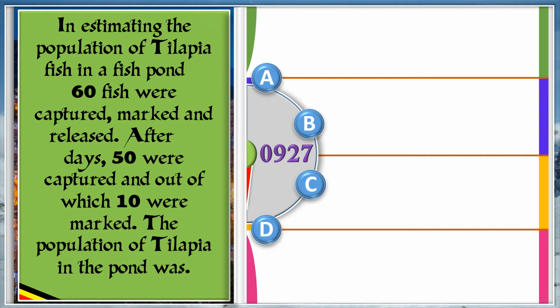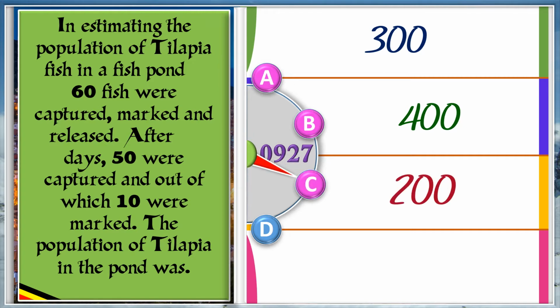The population of tilapia in the pond was: A. 300. B. 400. C. 200. D. 100. And the answer is A. 300.